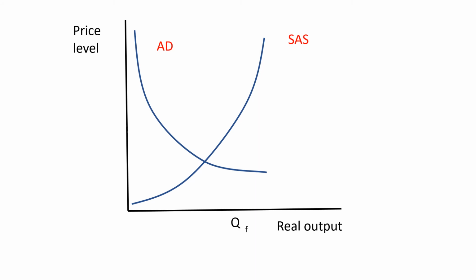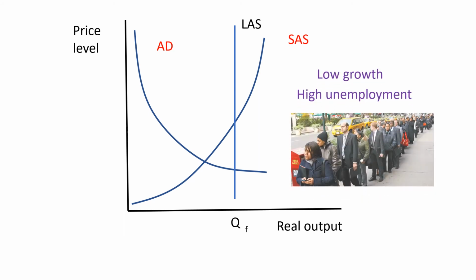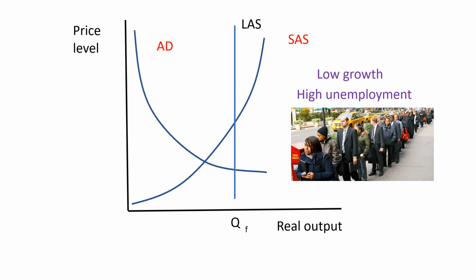What if the aggregate demand and short-run aggregate supply curves intersect to the left of the long-run aggregate supply curve at the full employment level of output? Then the economy is experiencing low growth, high unemployment.